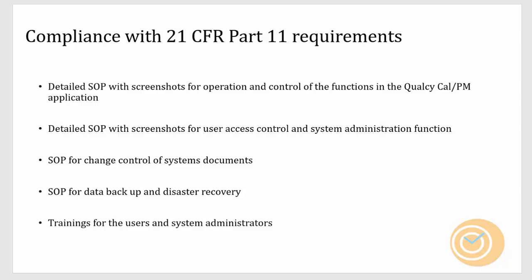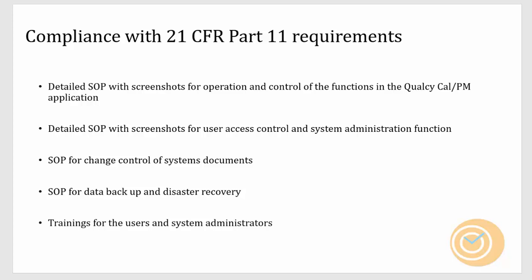And the other things we discussed in the Part 11 requirements: you need to have detailed SOPs for the operation, maintenance, and control of the calibration and PM software applications. Also, you need to have a good SOP for change controls when you are making any changes to the system documents.